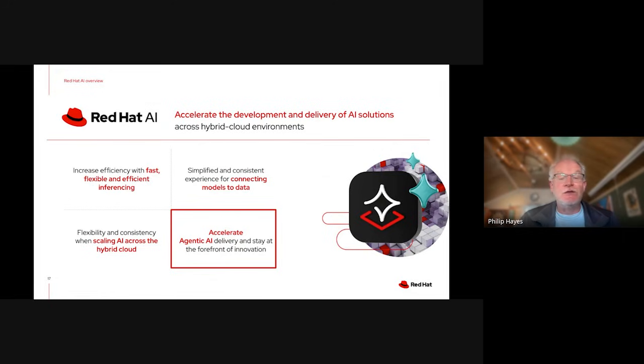So we invest in solutions like inference to deliver fast, flexible, and efficient inference with a strong focus on reducing the token cost as much as possible. We focus on giving you choice and flexibility, even within the process of connecting models to your data, so you can have a simplified and consistent experience, making your models more accurate and contextually aware of your business.